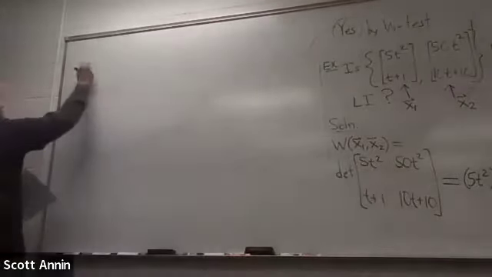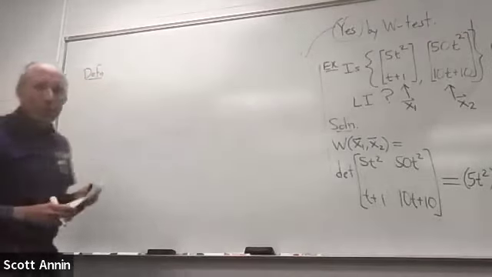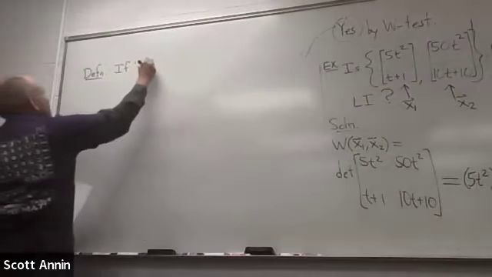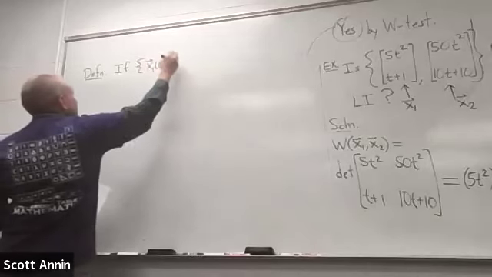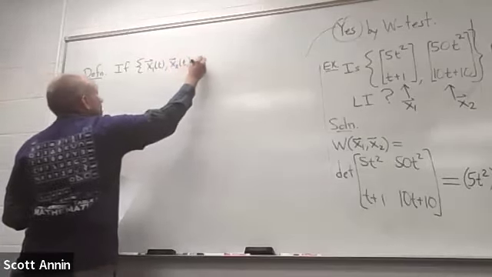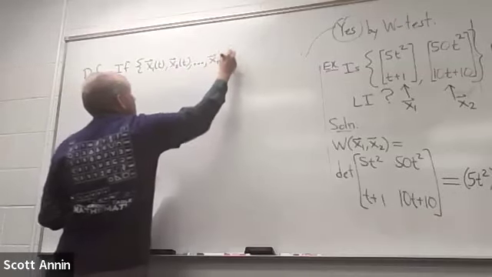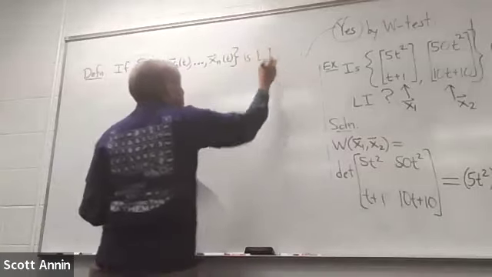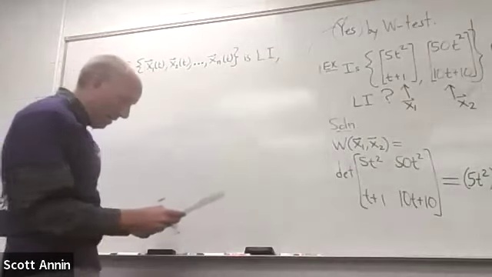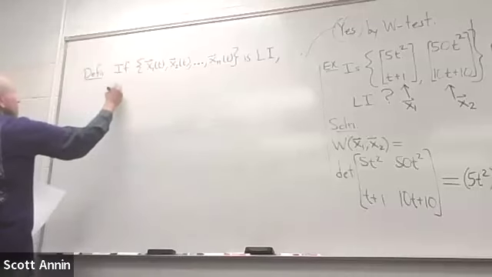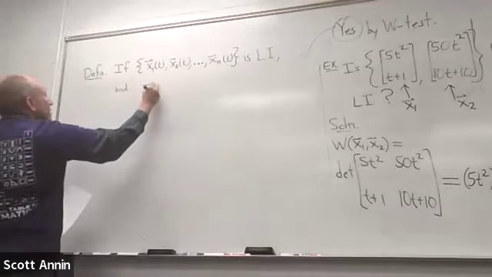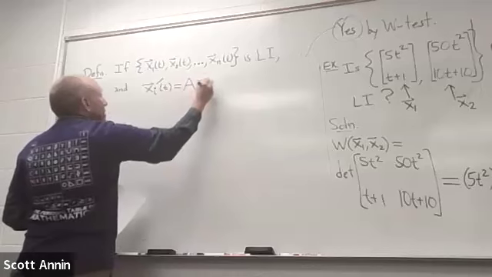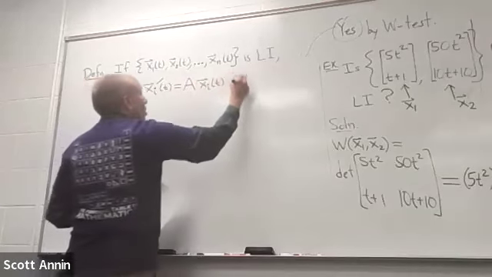So let me write down a quick definition, just so we have this in the record. This is pretty standard terminology, nothing too crazy. But if we have the set x1 of t, x2 of t, and so on up to xn of t, if that is LI, so if we have managed to convince ourselves that it is LI, and each one of those, let's say xi prime of t, is equal to A times xi of t for all i.